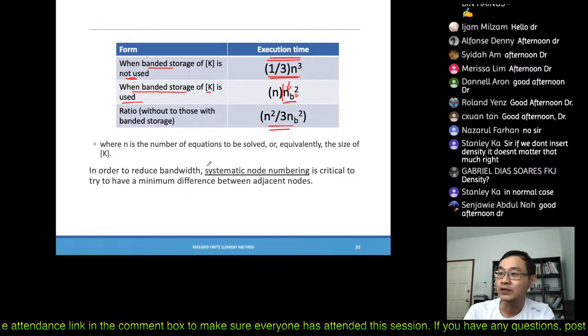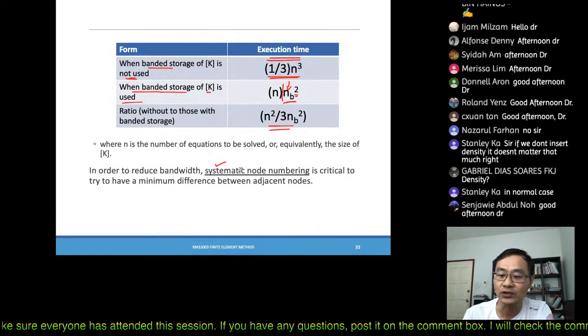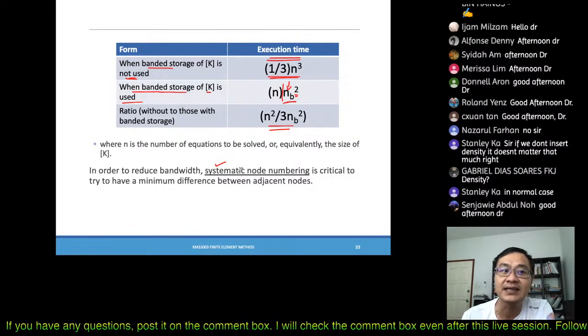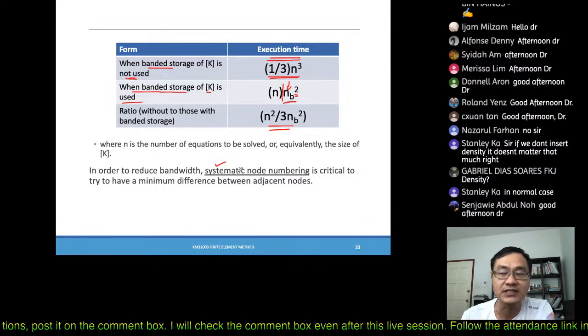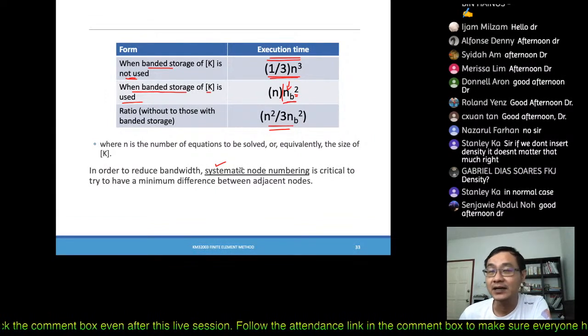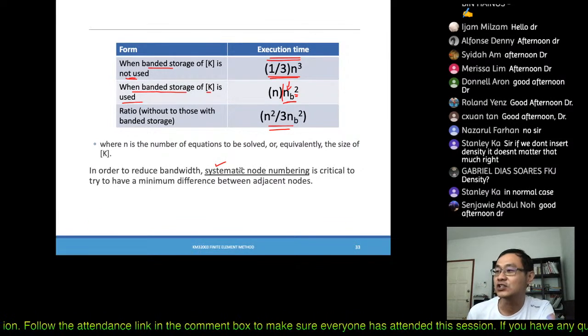So in order to reduce the bandwidth, we can do a systematic node numbering. In some software, again, LISA FEA, I couldn't find any of these features, but you can find it in other software like Abaqus for sure. I've used it as well. There are these features.